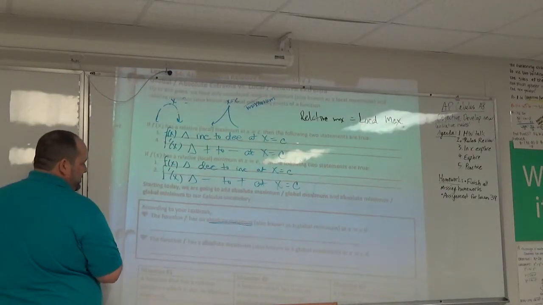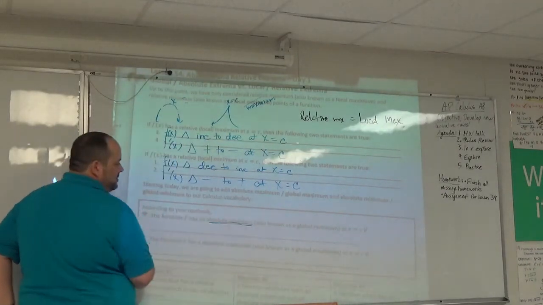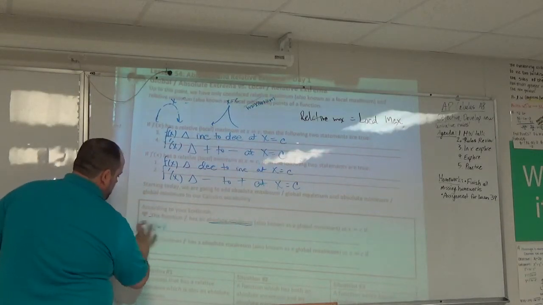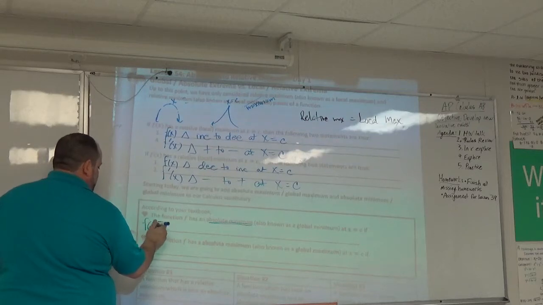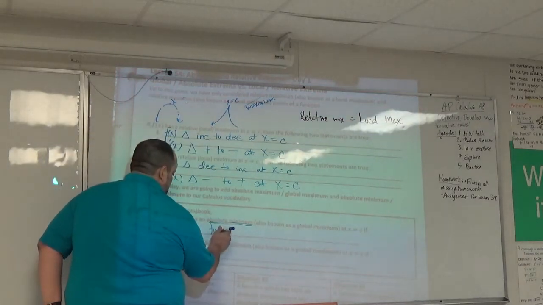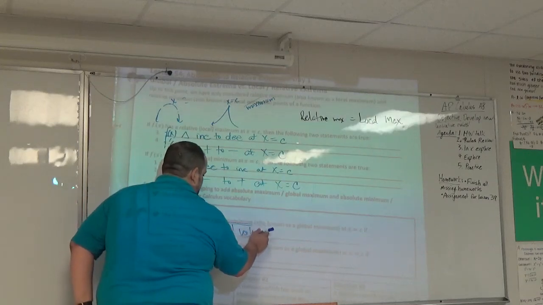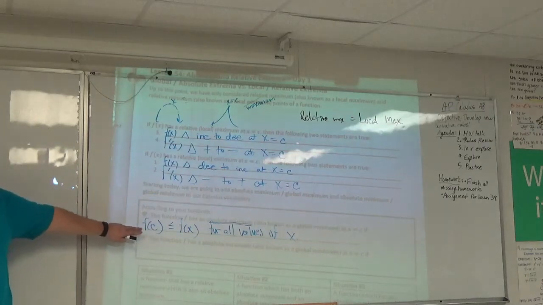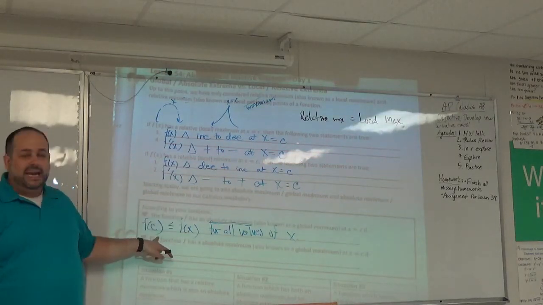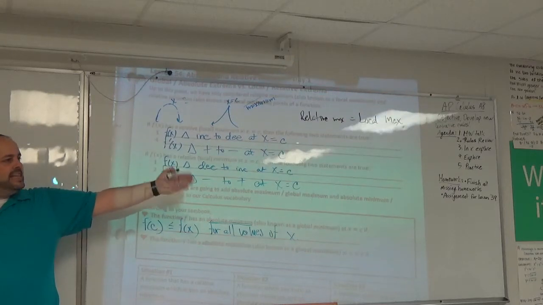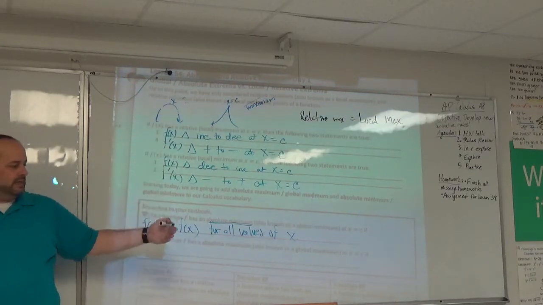Now here's the thing. The function f has an absolute minimum at x equals c if f of c is less than or equal to f of x for all values of x. We're not just saying in a neighborhood surrounding c, but if I looked everywhere, this is the lowest point out there.